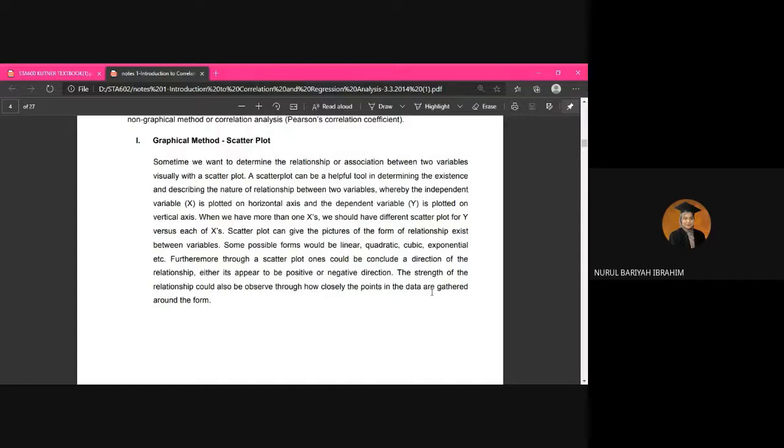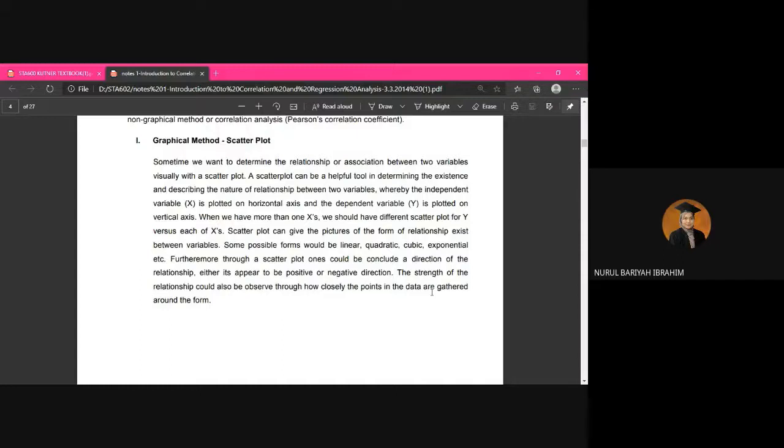Okay, and also from there we can observe the strength of the relationship. Tapi dengan mata kasar kita maybe a little bit different from one person to another. Every individu dia akan tengok, some of the individu observe the scatter plot as moderate contohnya, while another person will observe it as, apa ni, strong.